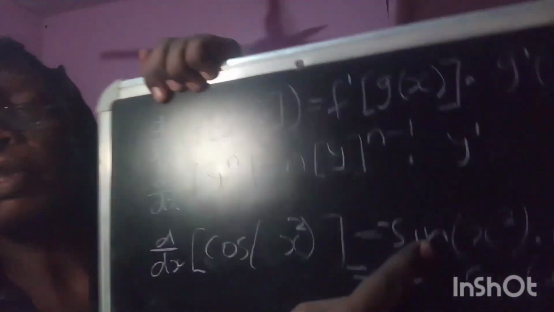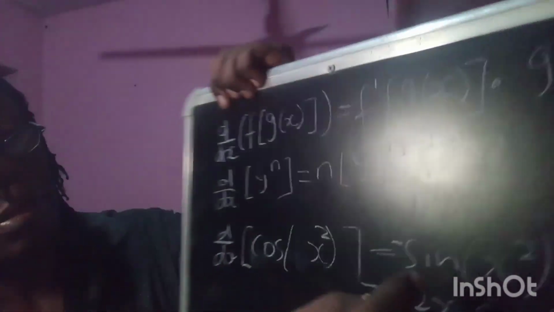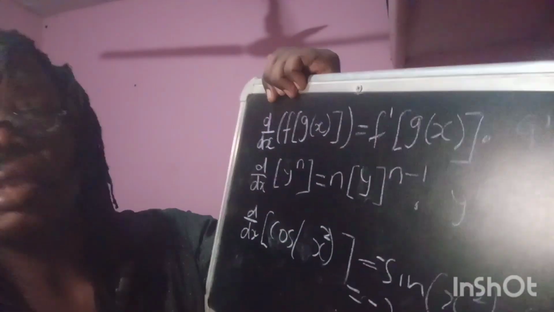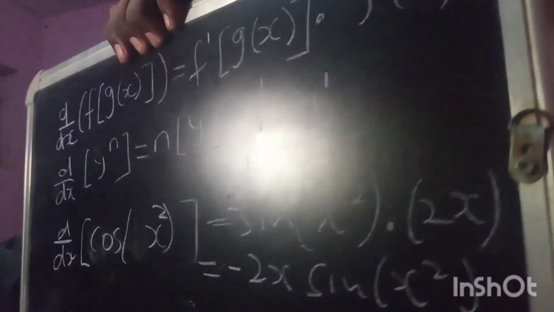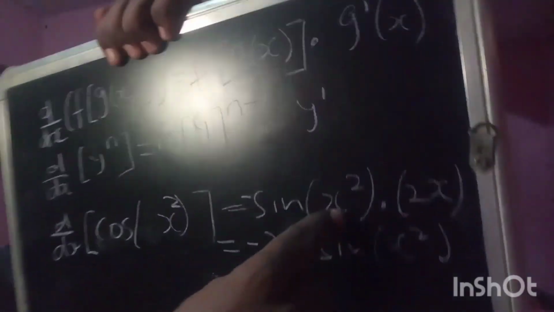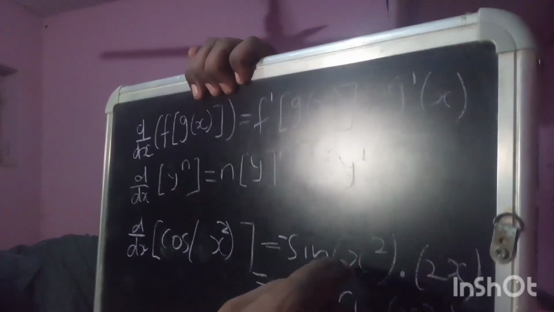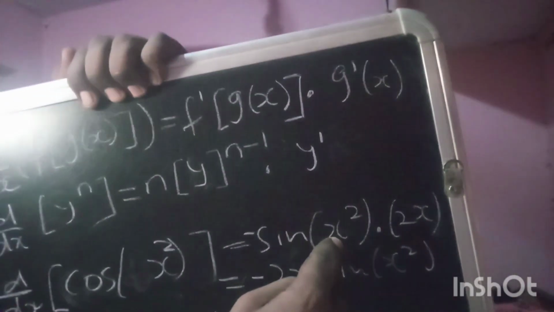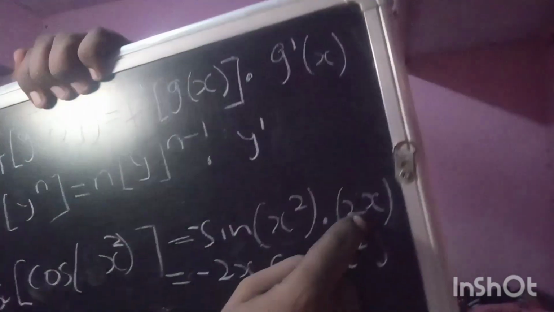Then we differentiate the inside: this power comes in front and you subtract 1, so you get 2x.